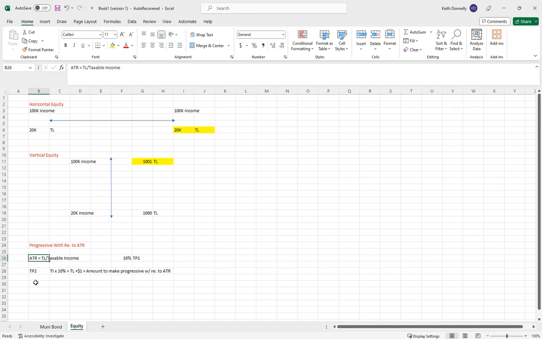What you do here is find the average tax rate for a taxpayer. If you saw this in the homework, it would be 10%. To apply that to a second taxpayer, you would take their taxable income times 10% and add $1 to it. Technically, similar to this situation up here, it would then make it progressive. So you may see these nuances in the homework.